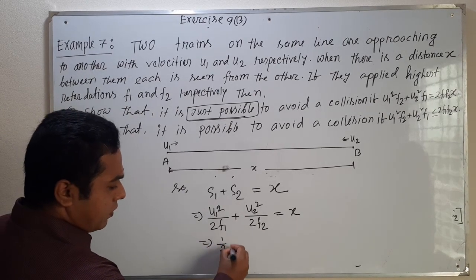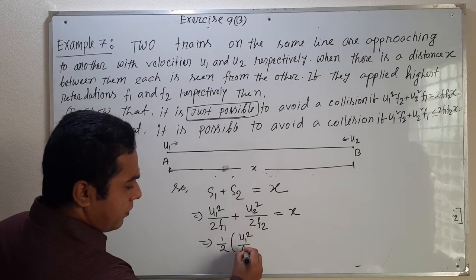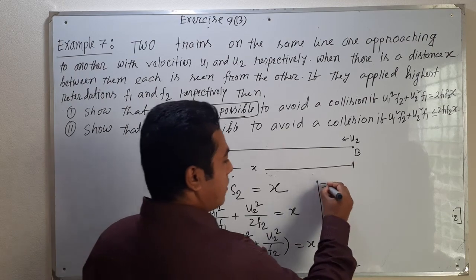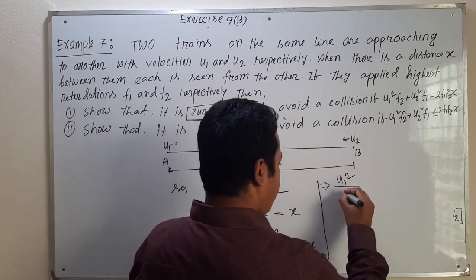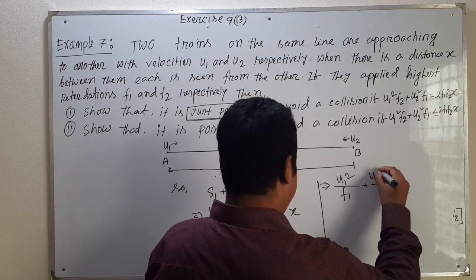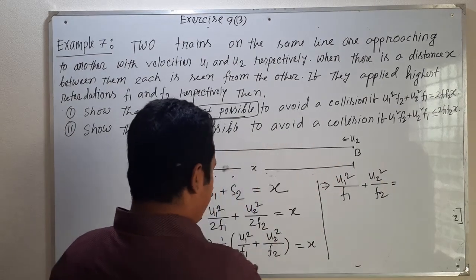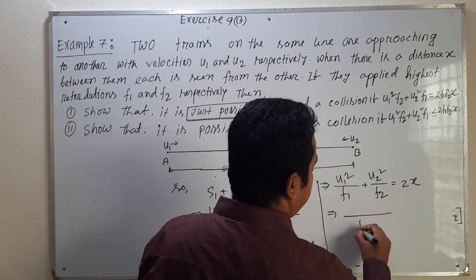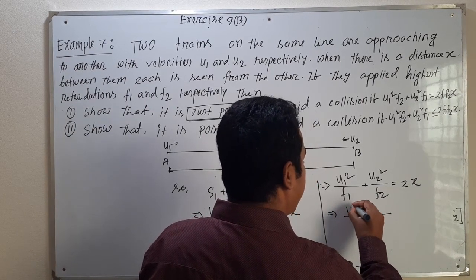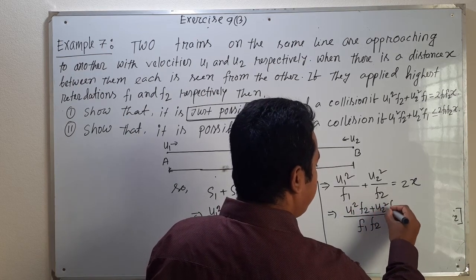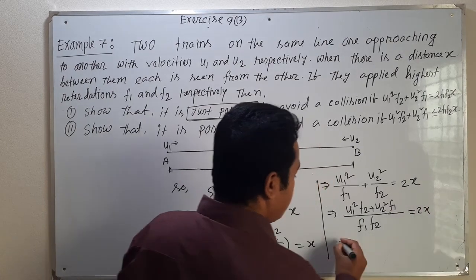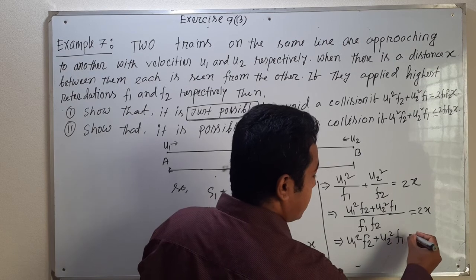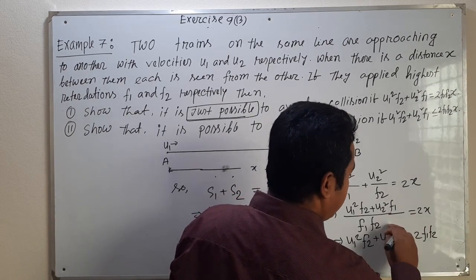From this, half is common: u1 square divided by f1 plus u2 square divided by f2 is equal to 2x. With f1 f2 as the LCM, u1 square f2 plus u2 square f1 is equal to 2 f1 f2 x.